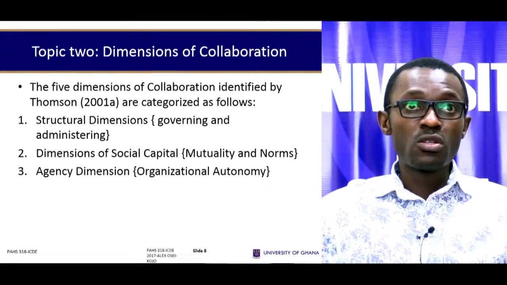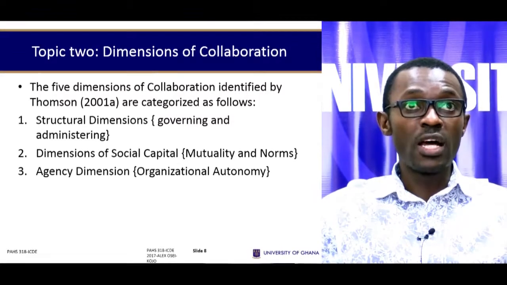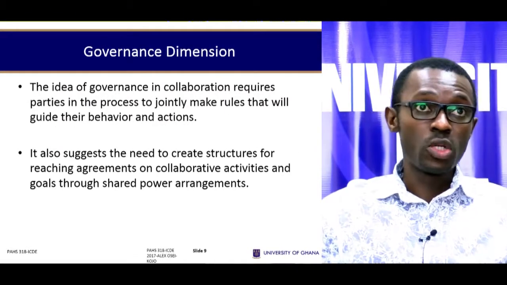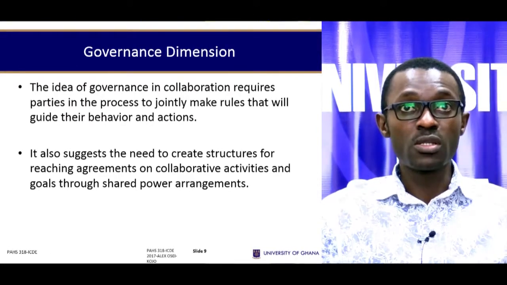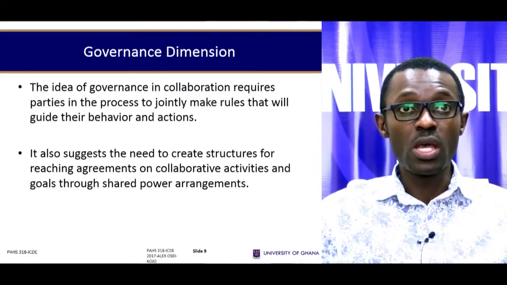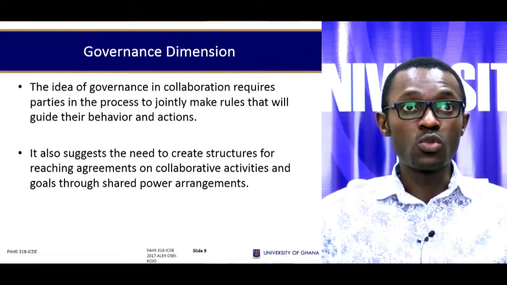There are 5 dimensions of collaboration as proposed by Thompson, which are discussed as follows. Governance dimension. The idea of governance in collaboration requires parties in the process to jointly make rules that would guide their behavior and actions. As I mentioned to you, collaboration requires that autonomous agencies come together to solve the problems.